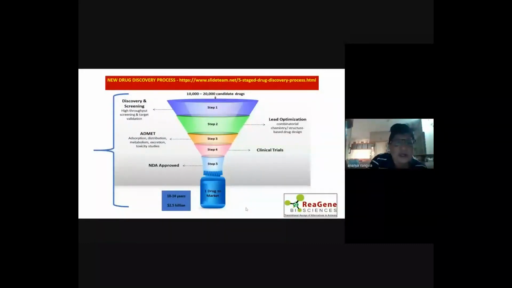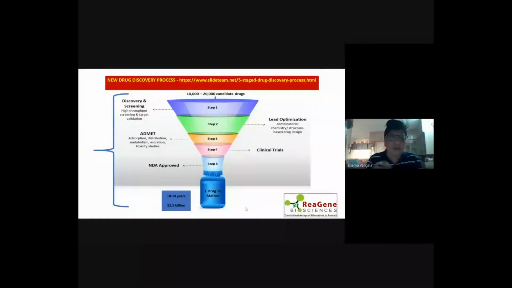So this is the funnel of drug discovery. Our medicinal chemists look at the structure of the target. They have a three-dimensional crystal structure of the protein or enzyme or receptor, whatever it is, and they screen with bioinformatics a lot of chemicals and see which ones fit into the active site.